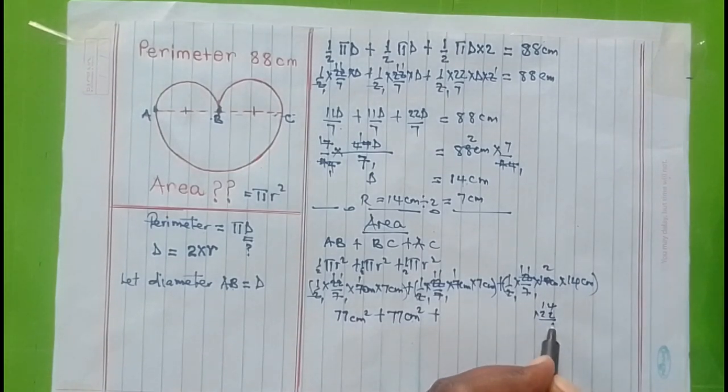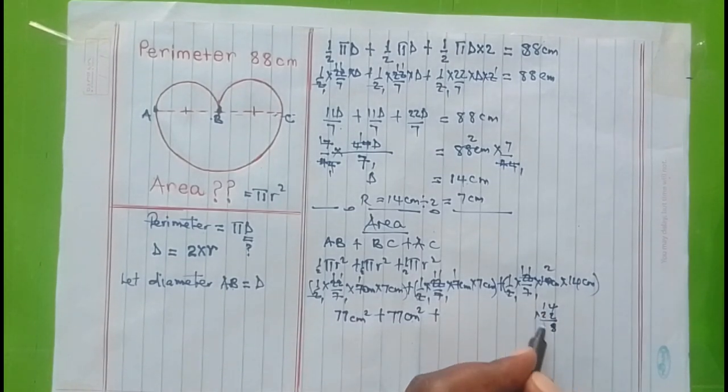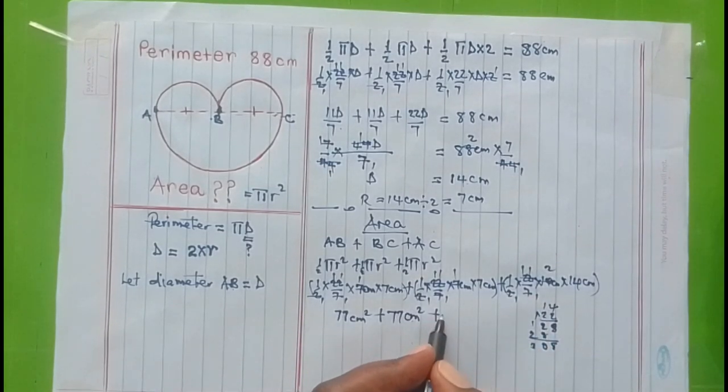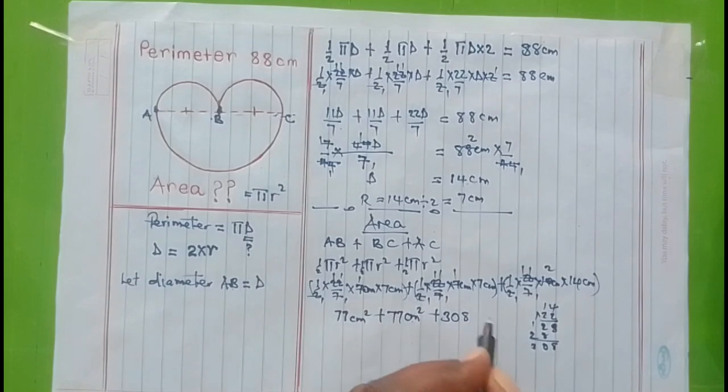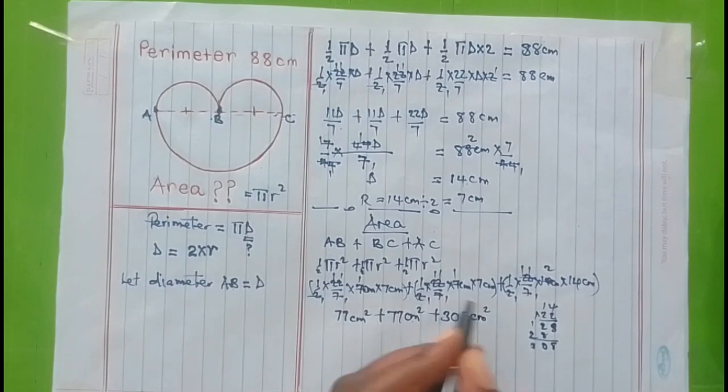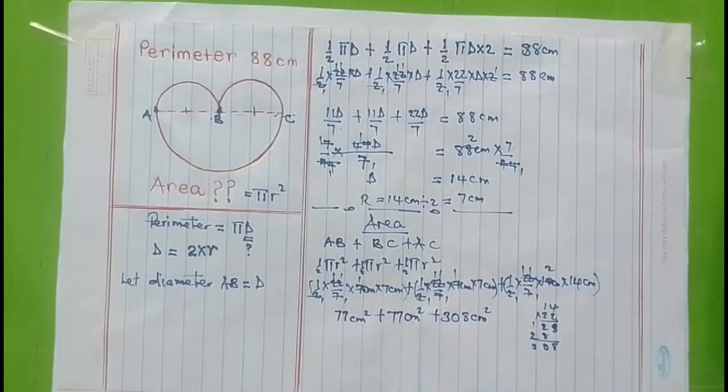Here we have 8, here we have 2. Here 8, 0, regroup 1, 3. We are going to get 308 squared centimeters.